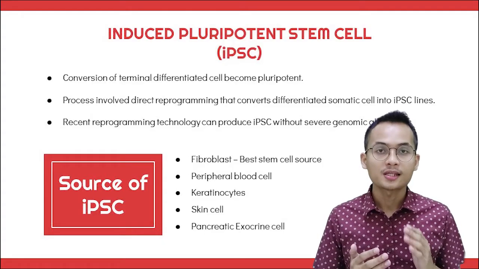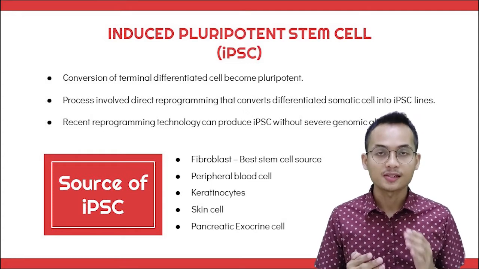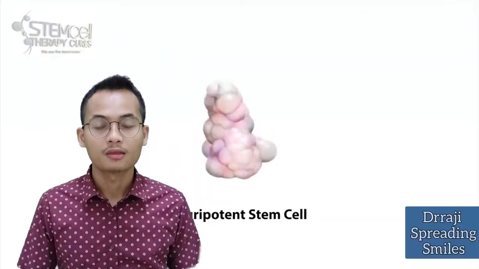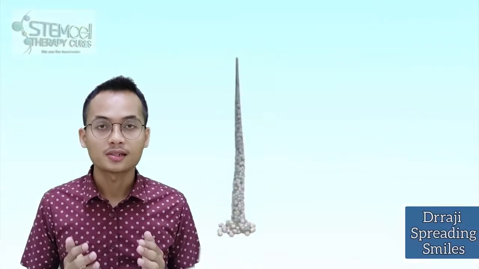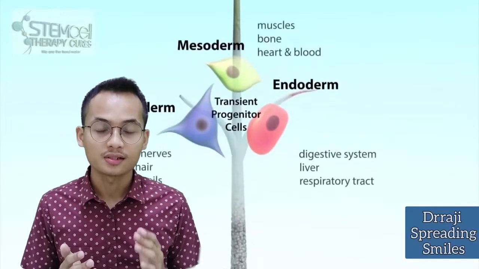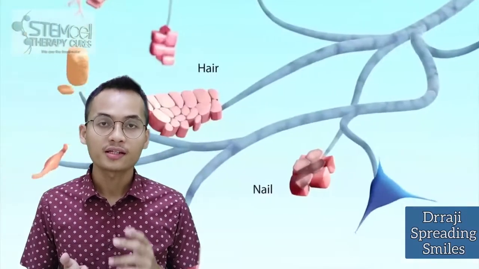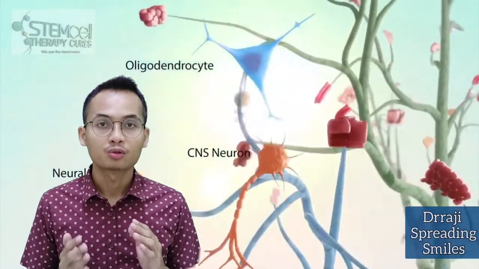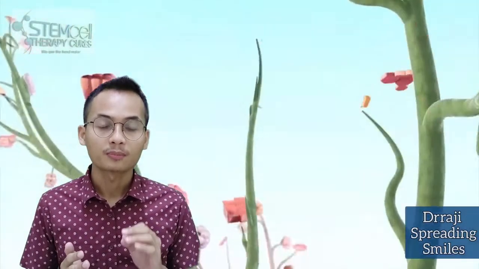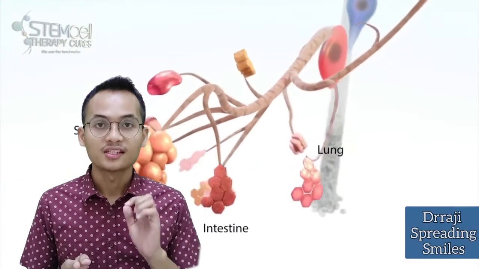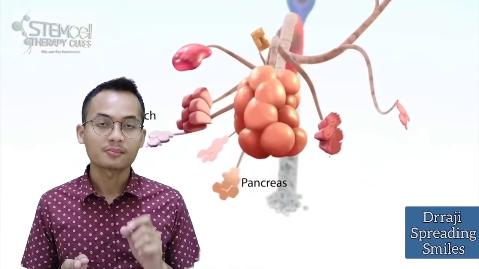Although iPSC have the same behavior as ESC, they are actually not identical at all. The reason why iPSC is a hot topic in stem cell research is because iPSC is a very good alternative to make pluripotent stem cell lineage for specific disease or specific patient.